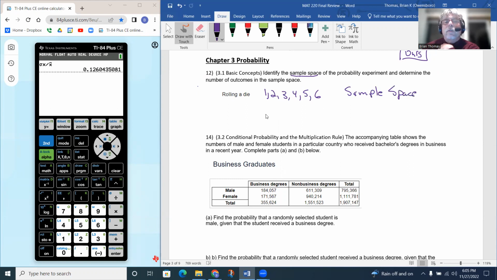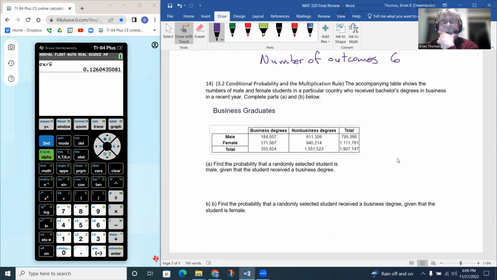And the number of outcomes: 1, 2, 3, 4, 5, 6 outcomes. The number of outcomes is just how many different samples we have in there. So just 6 different samples or outcomes. That's all we're looking for there.